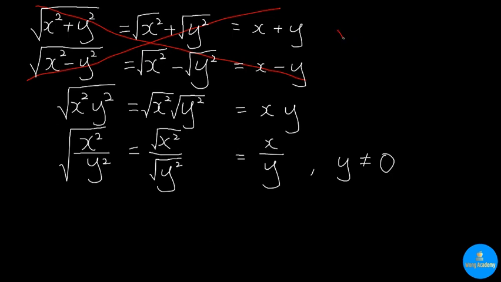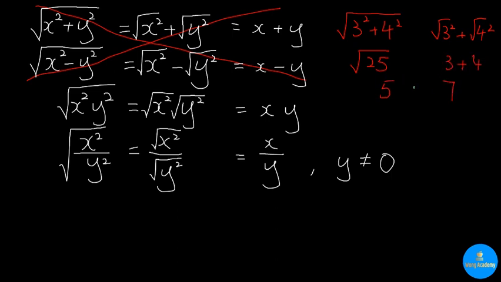For example, if we have square root of 3 squared plus 4 squared, this is equal to square root of 25. However, if we try to split it up and get square root of 3 squared plus the square root of 4 squared, we would actually get 3 plus 4. This is 5, while this is 7, and therefore they are actually not equal to each other.